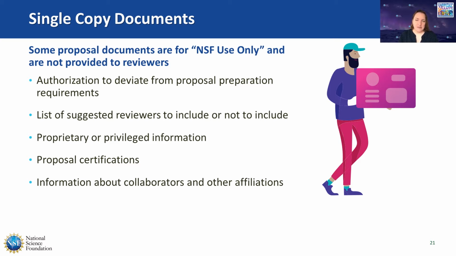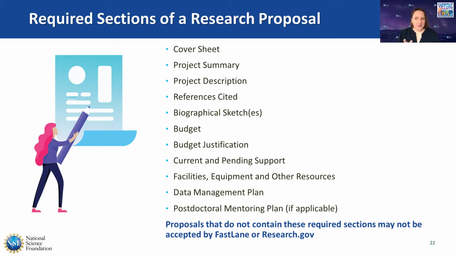Some proposals require patent info or other things that you may not want shared widely, various proposal certifications, and information about collaborators and other affiliations that, again, don't get shared but are for NSF staff to use to move the merit review process forward. So let's talk about the required sections of a proposal that comes in.